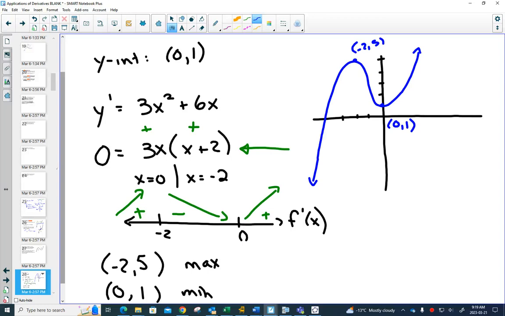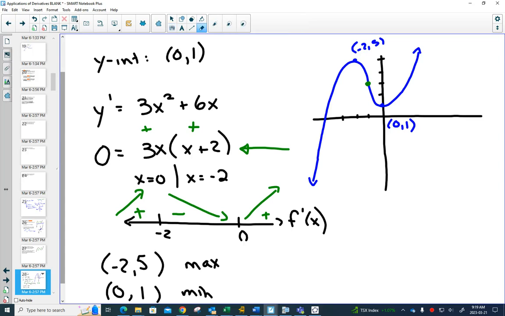Now, what we're going to add to this soon is finding this point here, where it changes from concave down to concave up. And just to show you that quickly, because it's easy on this one, we'll be able to find our second derivative from our first derivative.